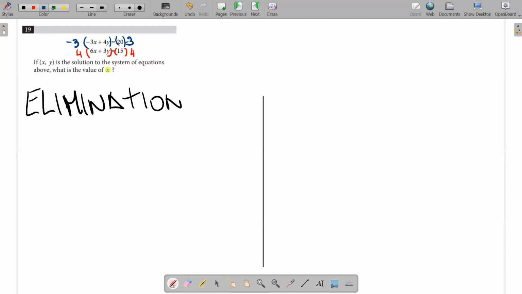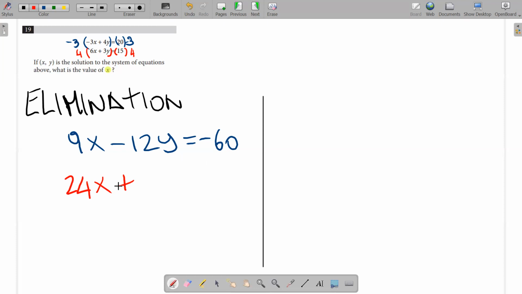So by doing that, I obtain on the equation in blue 9x minus 12y equal to -16. On the one below, it will be 24x plus 12y equal to 60.